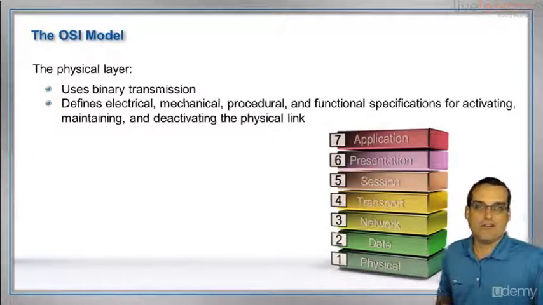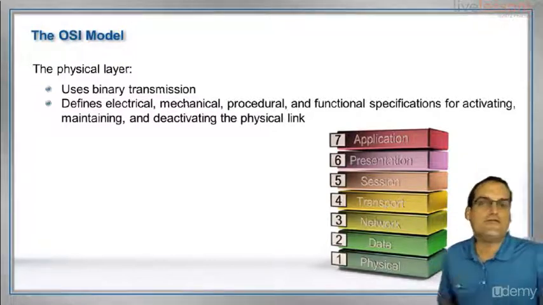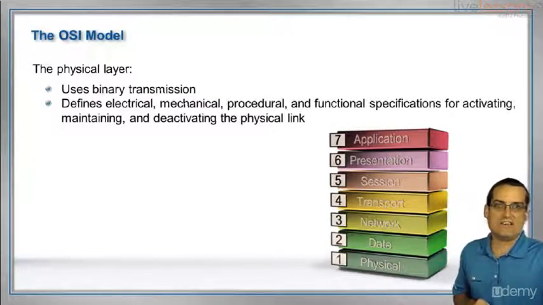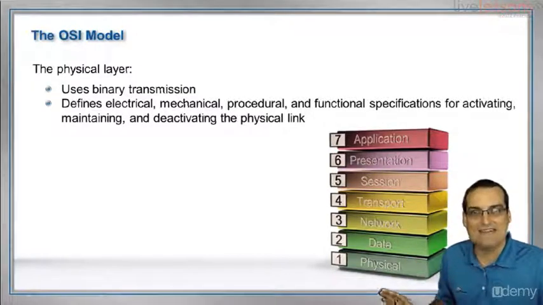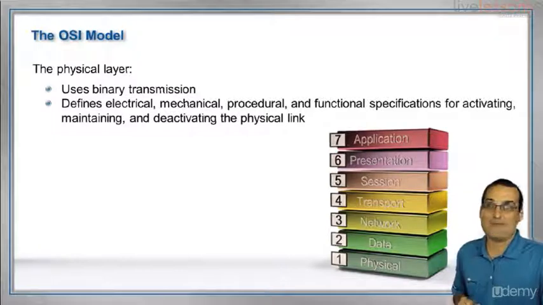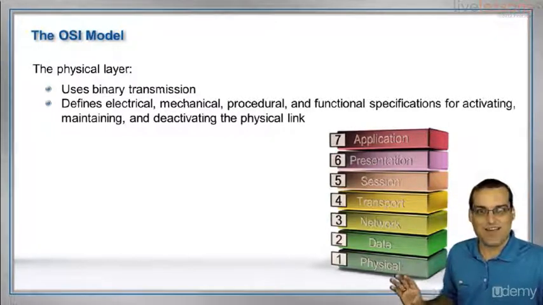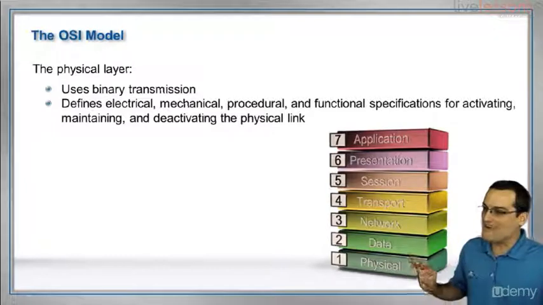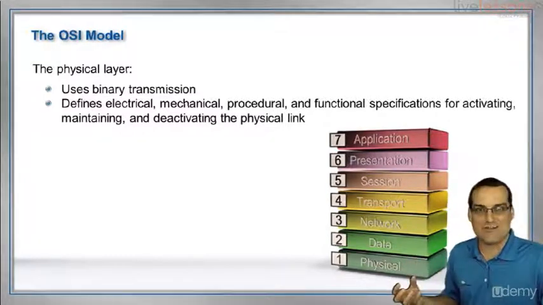So we have electrical, mechanical, procedural, and functional specifications here that are going to refer to our physical media for carrying the data. Remember, this does include wireless networking technologies, so it's not always that we can physically see or touch the media.